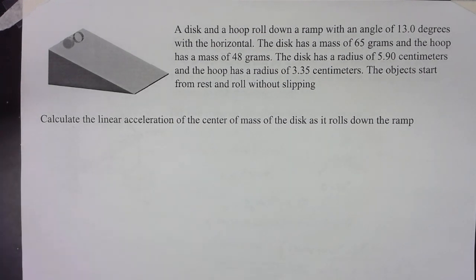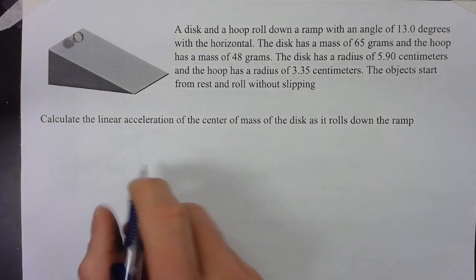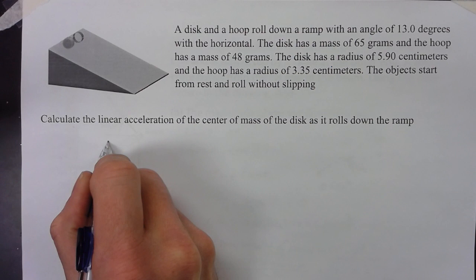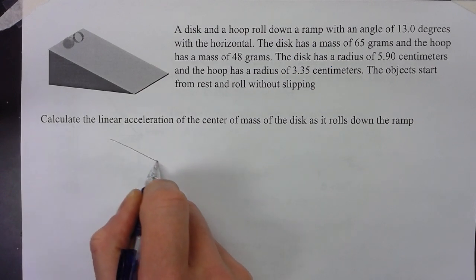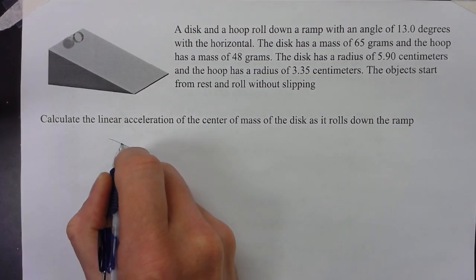All right, so we're going to do this using Newton's laws of motion, Newton's second law for rotation and for translation. So I'm going to draw a little sideways picture of our disk.